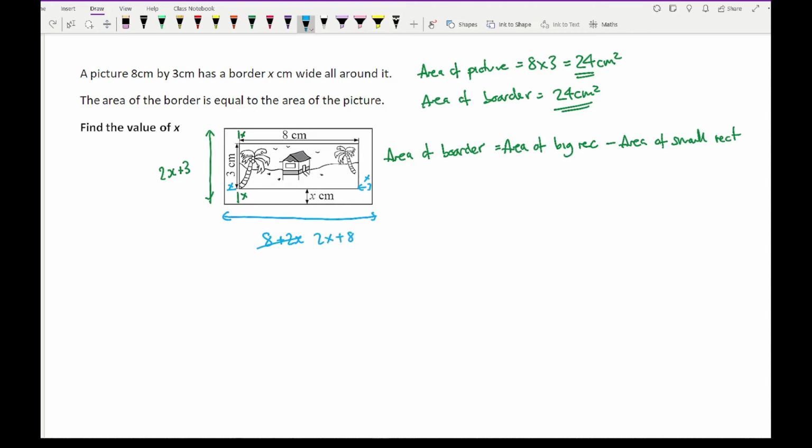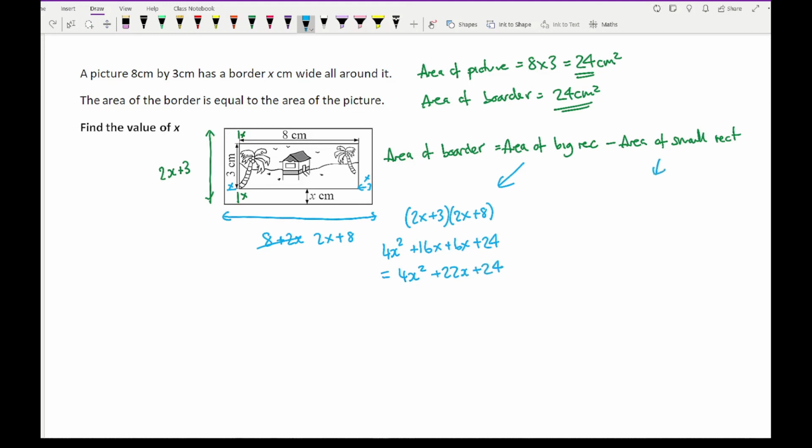So the area of the big rectangle is going to be 2x plus 3 times 2x plus 8. And if I expand the brackets out, I get 4x squared plus 16x plus 6x plus 24, which gives me 4x squared plus 22x plus 24.